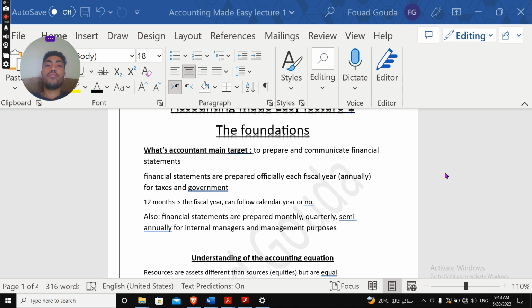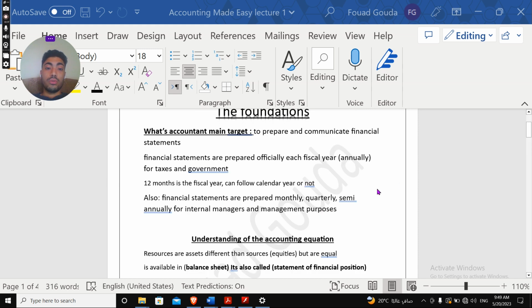So they have the whole idea about the firm through financial statements. There are lots of types of financial statements, and we are going to explore each in the next lectures.